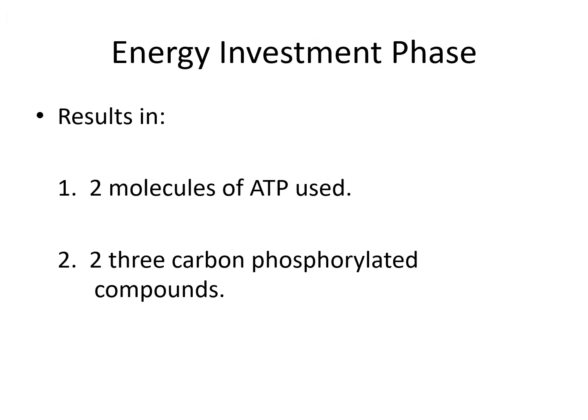Let's look at the end result of the energy investment phase. This results in 2 molecules of ATP being used, so we're already at -2 ATP in the system, and we result in two 3-carbon phosphorylated compounds that are identical.